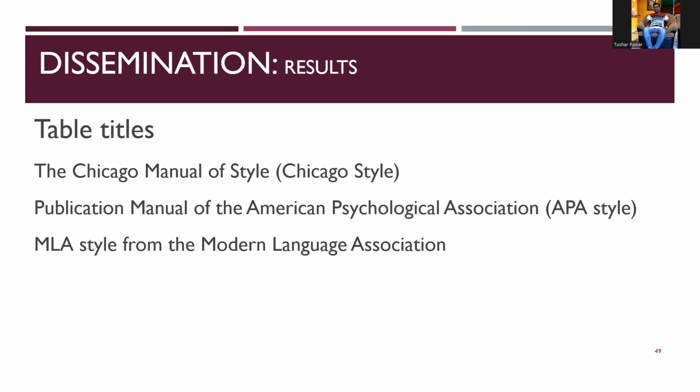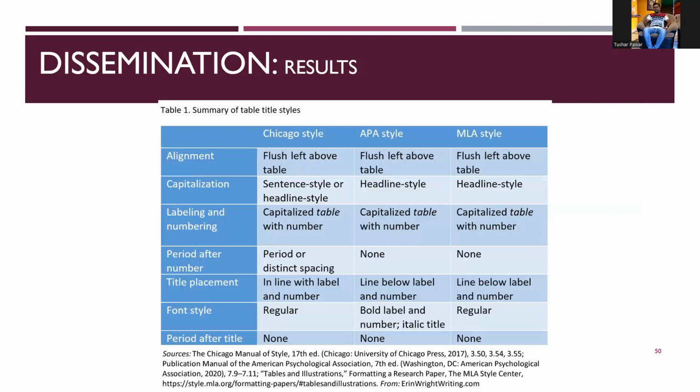These three styles are also used for referencing. Many more styles are there for referencing. You can keep the screenshot for your further reference. Here is the table stating how it has to be written in a particular style.